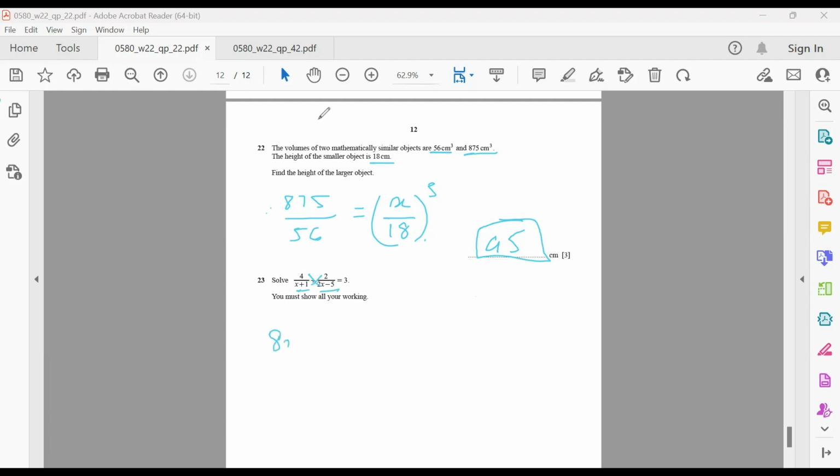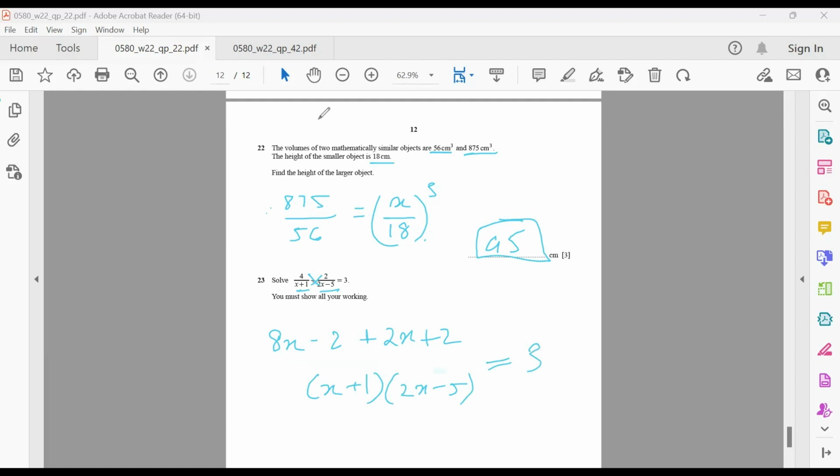This will give you 4 into 2x minus 5, so it will give you 8x minus 20 plus 2x plus 2, since we multiply them, and the whole thing upon x plus 1 into 2x minus 5. And this is equal to 3.